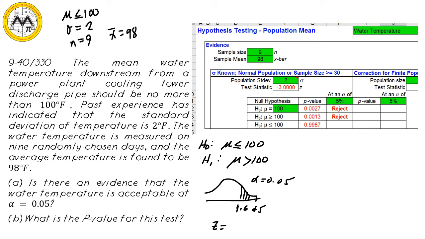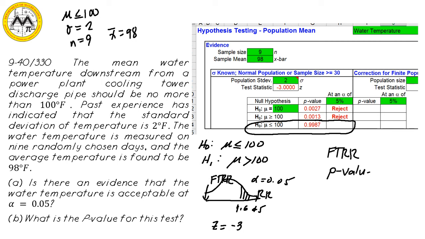The computed z value is -3. So it is here, -3. This is the fail to reject region, and this is the rejection region. Obviously, we fail to reject the null hypothesis, which is less than or equal. The p-value is 0.9987, which is greater than 0.05.